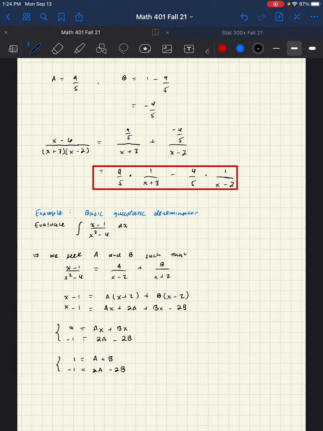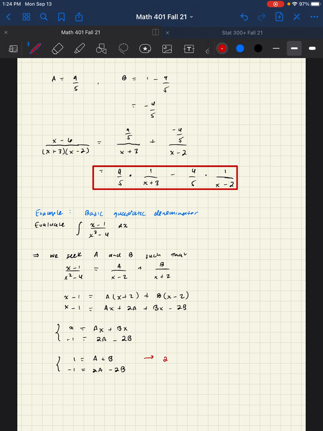So if we use the elimination method, we're going to try to get rid of one of the variables here by multiplying one of the equations on both sides by some constant number that will allow us to then combine both of these. So what I'm going to do is take my first equation and multiply it by 2.